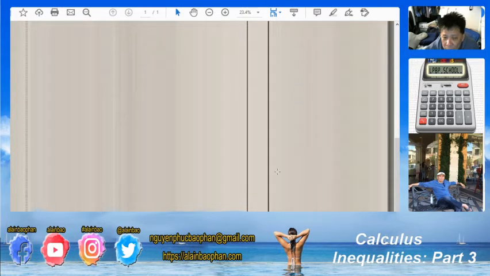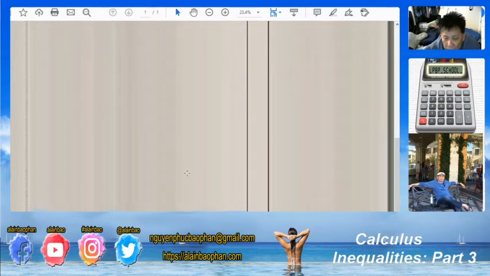They have two foci. c is calculated using this formula: b squared equals c squared minus a squared, so c squared equals a squared plus b squared. Then c equals plus or minus the square root of a squared plus b squared. That's why you get 2 points, one with a plus sign, one with a negative sign.